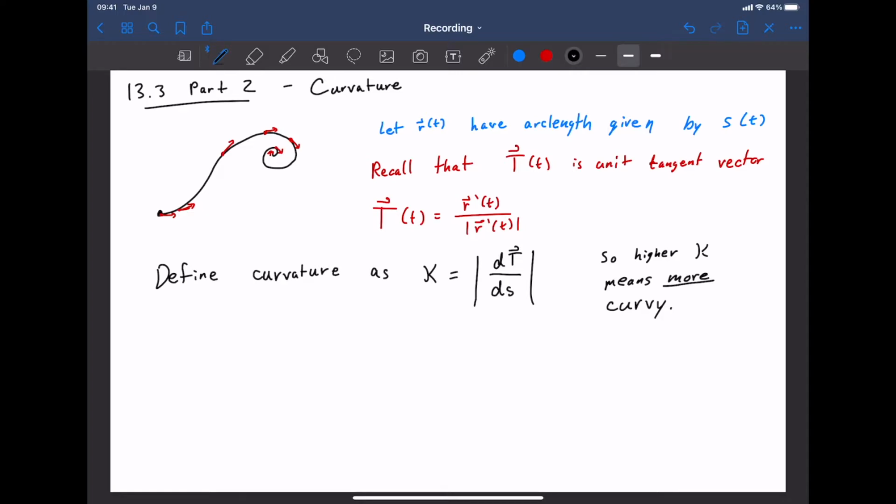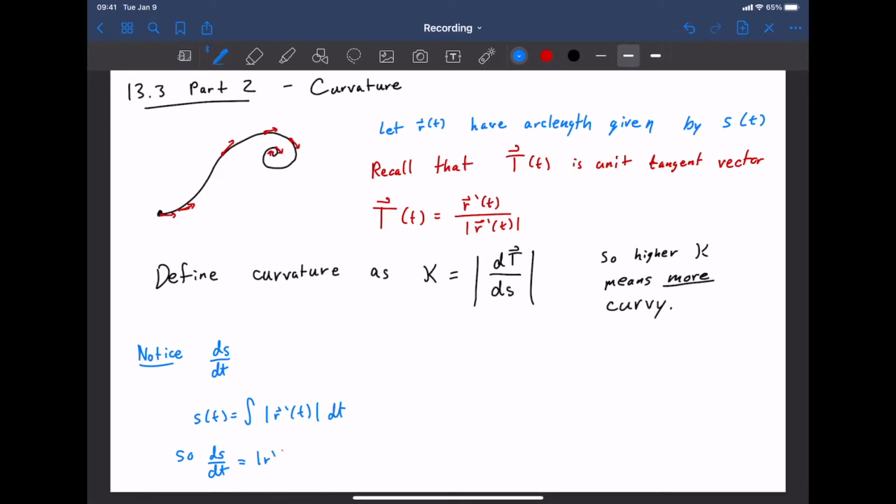All right. Now, ideally, we want to have a nicer formula for this. So notice that for a change in length over a change in time, s of t is supposed to be the integral of the length of the derivative of r. So ds dt equals, well, the derivative would get rid of the integral, so to speak.